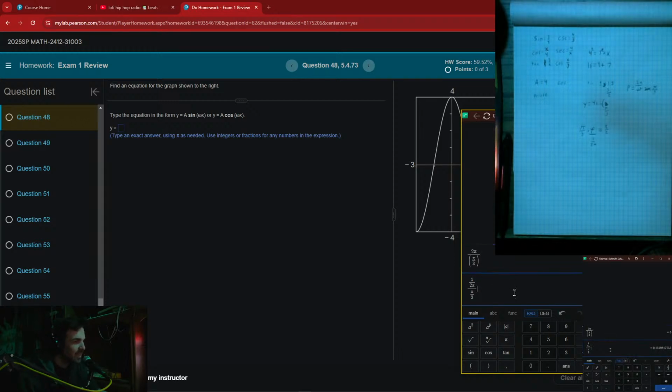Reverse engineering fractions is hard, brother. Maybe it's 2 over pi. No. What am I not accounting for? Because this has to be pi over 3.